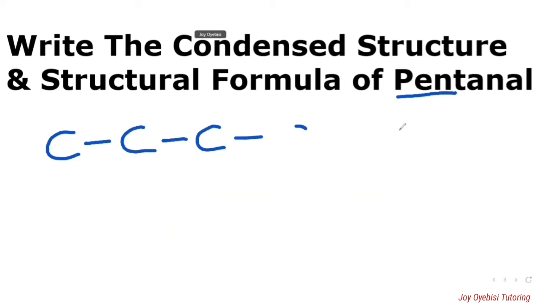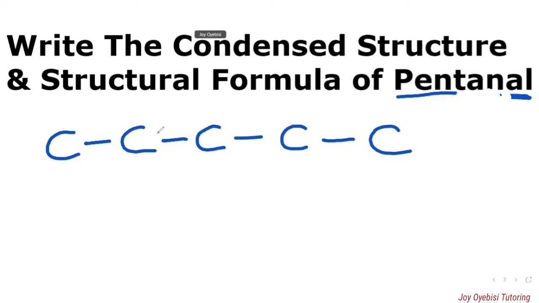All right, so we also start by writing the structural formula. Pent here tells us we're dealing with 5 carbons, so let's start with that. Put 1, 2, 3, 4, and 5. Now we have the suffix for aldehydes, which means that we have a pentanal, so there has to be a double bond.